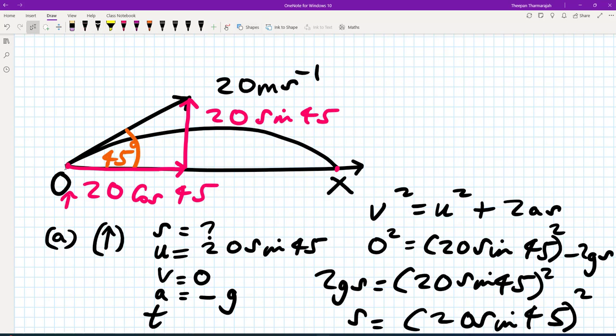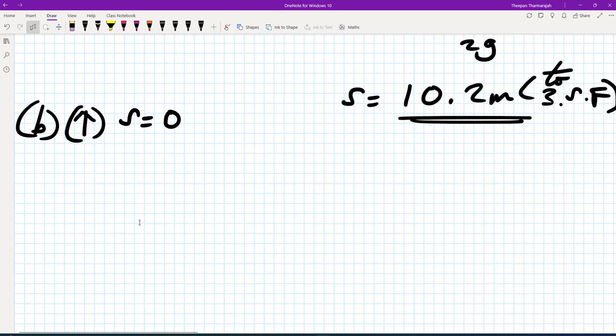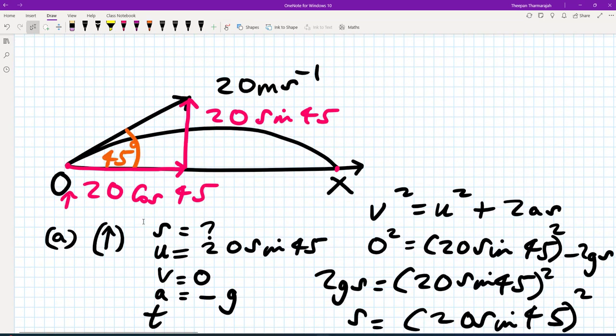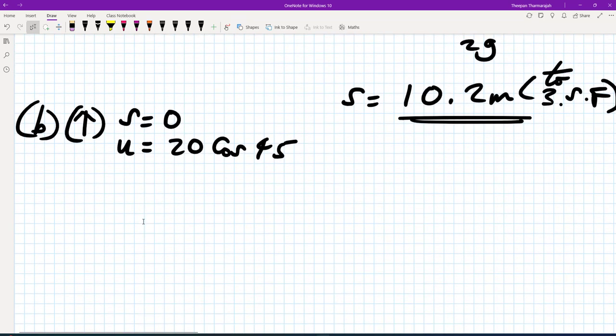So S is 0, U is going to be 20 cos 45, and you can get that from our diagram here, the horizontal component of the velocity, and what we need is the time.